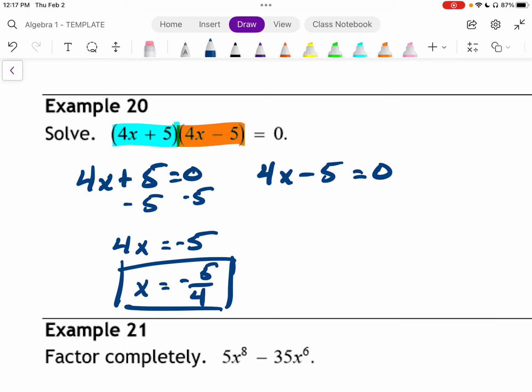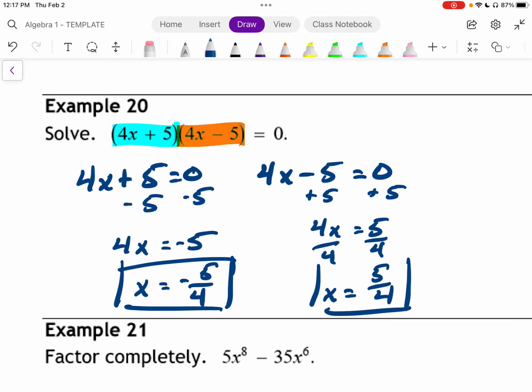All right, so that's our first fractional answer, but that's okay. We can get fractions as an answer here. On the right, I add the 5 over, and I get 4x equals 5. Dividing by 4, I get x equals 5/4.